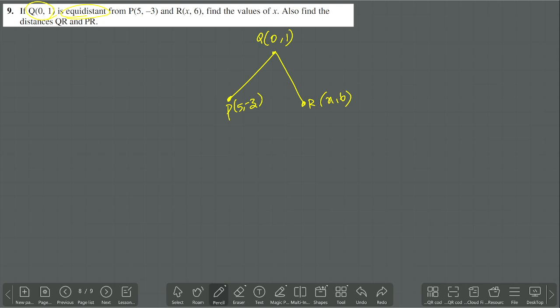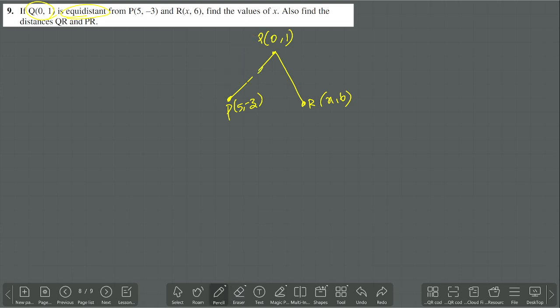The distance Q making equidistance to P and R means that if Q to P is 10 units, then Q to R is also 10 units. That is the concept. That is the meaning of equidistance. Do you understand?